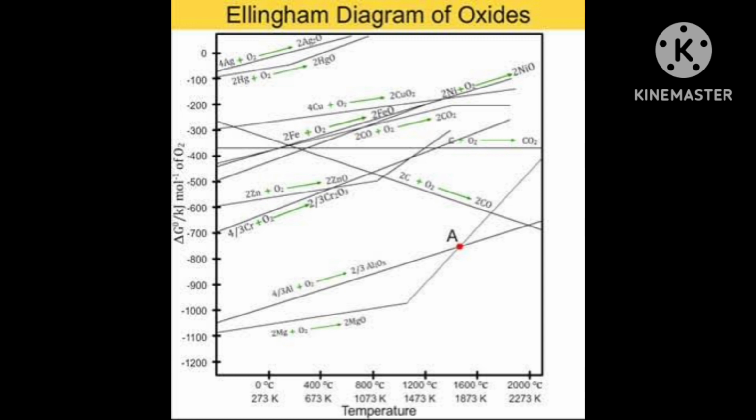Such diagrams help us in predicting the feasibility of thermal reduction of an ore. The criterion of feasibility is that at a given temperature, the Gibbs energy of the reaction must be negative, means delta G must be negative.